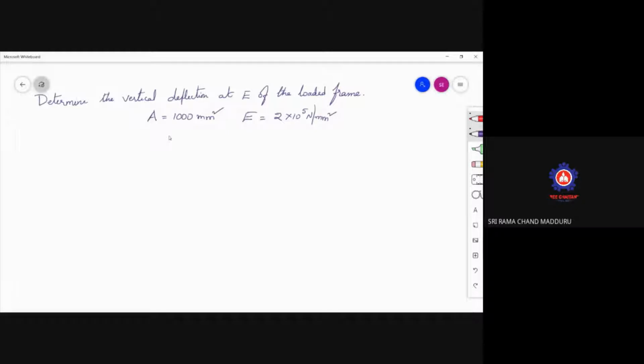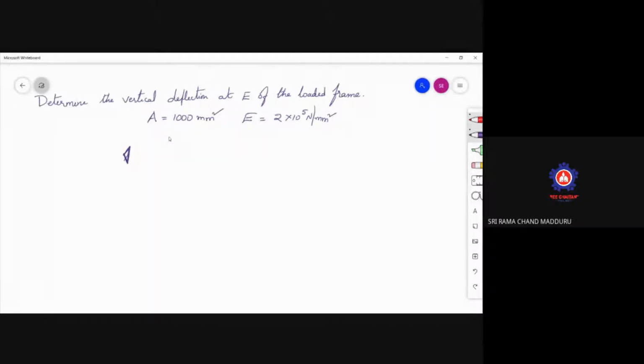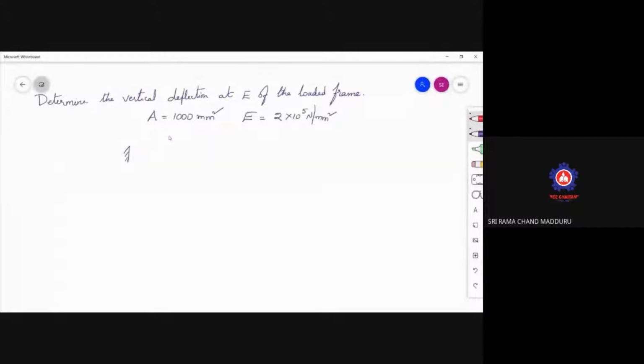And the frame is given like this. I'm giving the dimensions.